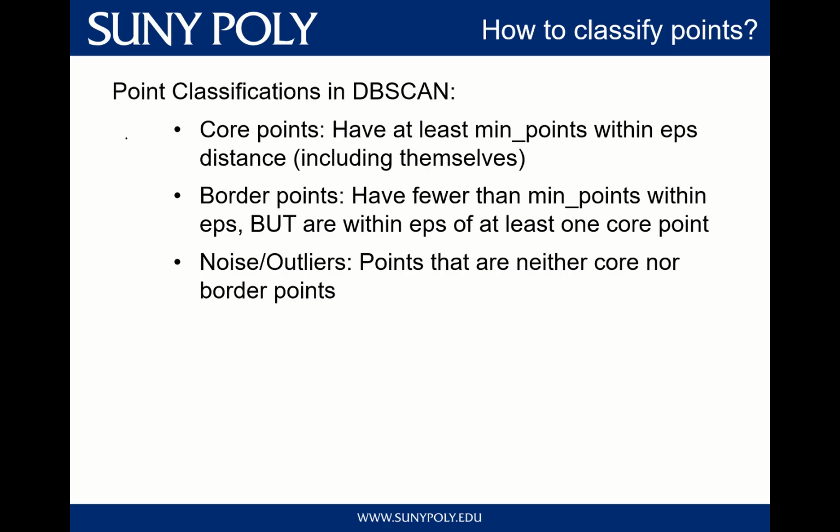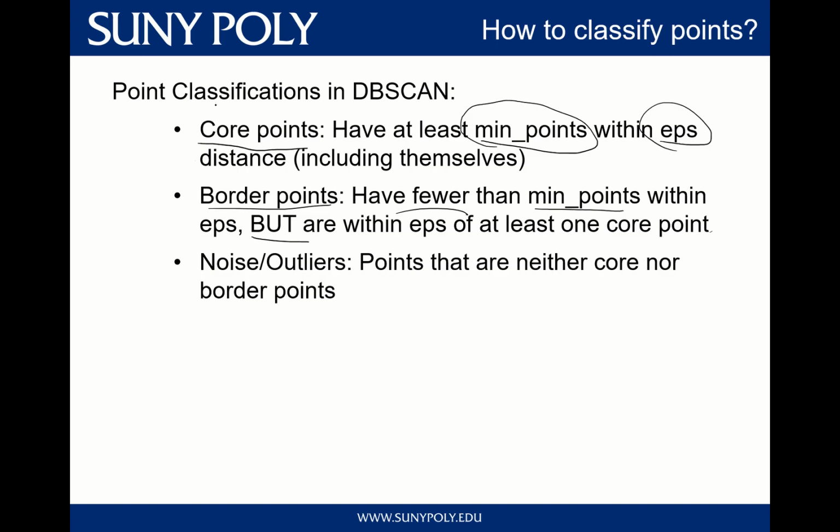Let's summarize that. We have the core points. They have at least the minimum number of points, which is a parameter in our model, within the EPS. Remember, this is like a distance, the radius, to create the circle where we count the points. Then we have the border points. They have fewer than the minimum number of points within the EPS, but as we saw in our previous example, within the EPS distance there is at least one core point.